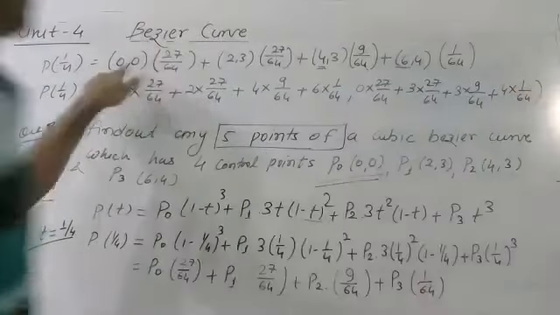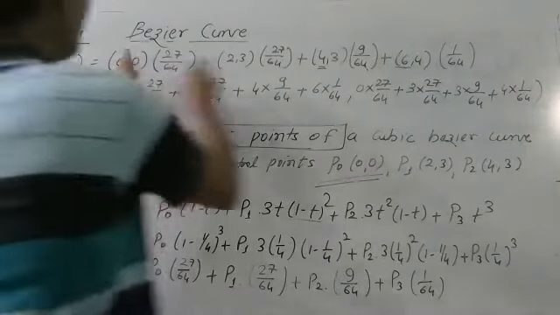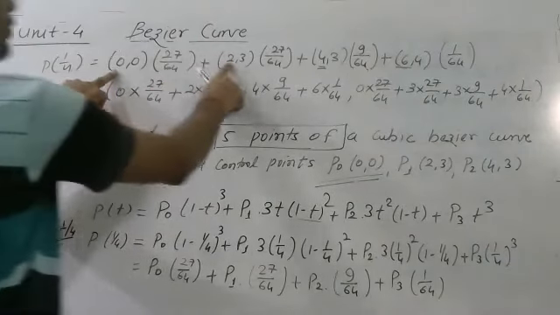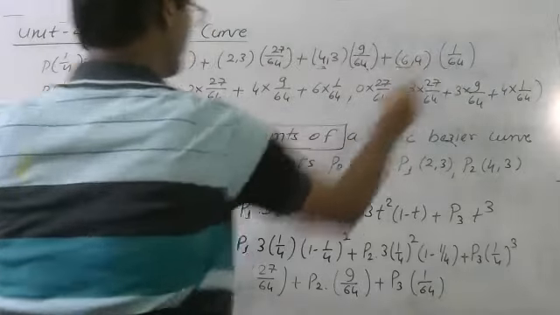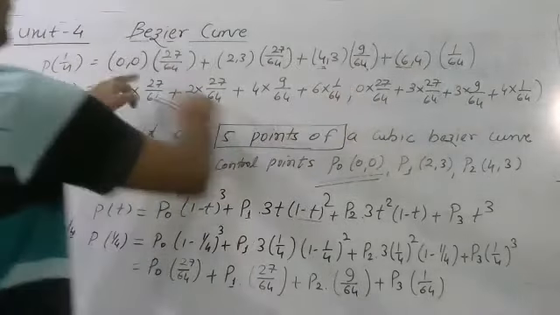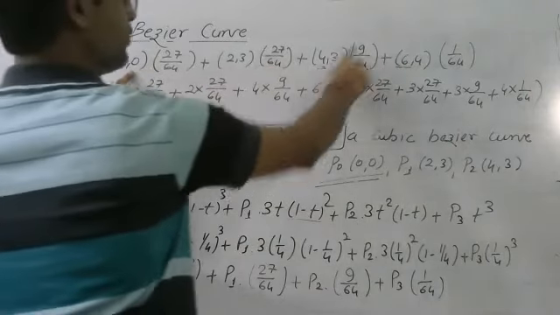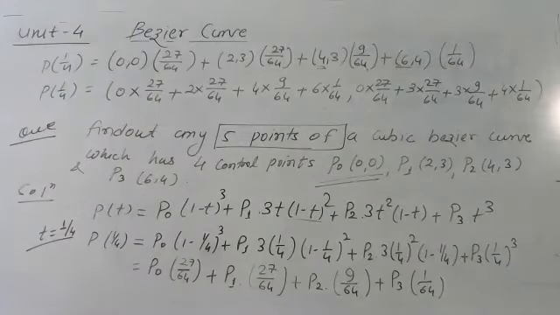We need to separate all the x values in one chunk so that we can find the x coordinate, and all the y values in another. So 0 into 27/64, 2 into 27/64, 4 into 9/64, 6 into 1/64 gives us the x coordinate. And 0 into 27/64, 3 into 27/64, 3 into 9/64, and 4 into 1/64 gives us the y coordinate, right?